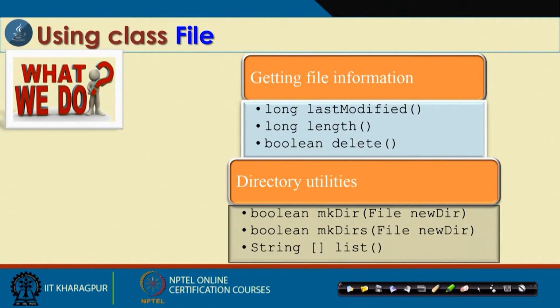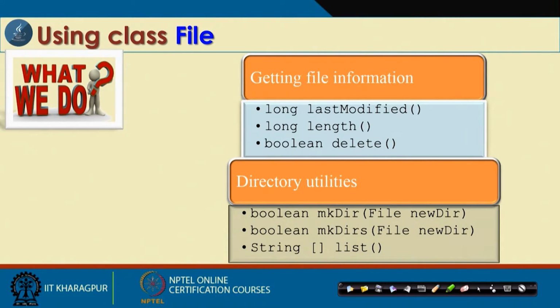Now, regarding file information, a few more things we can have. Last modified will tell you the date and time when the file was last used, and it also has the length method, which returns the length of the file. If you want to delete a file, you can do that using the delete method.